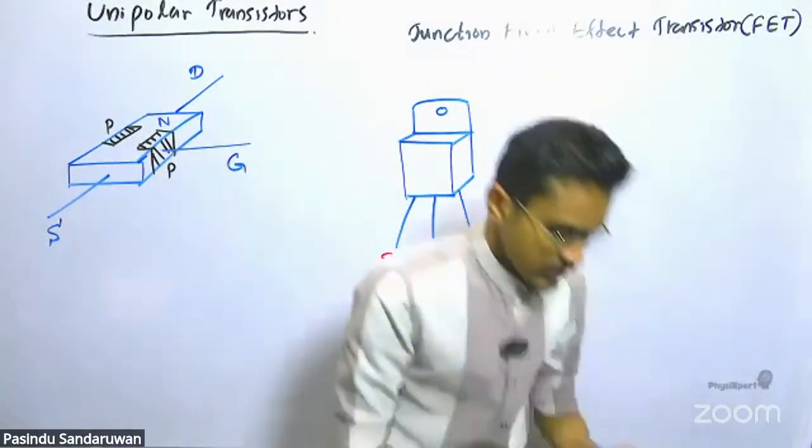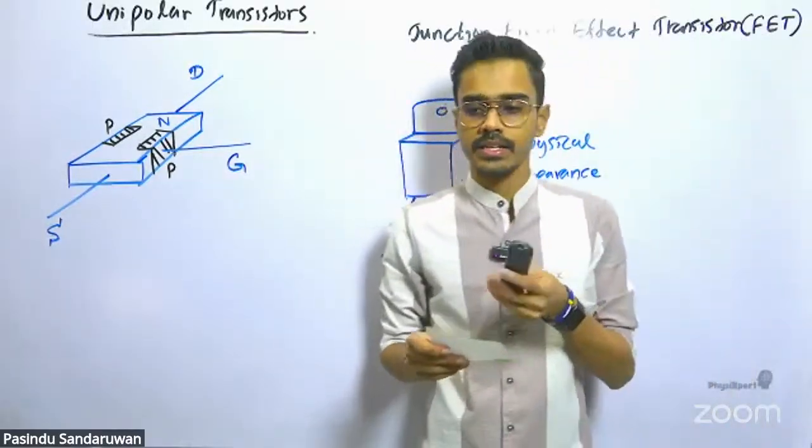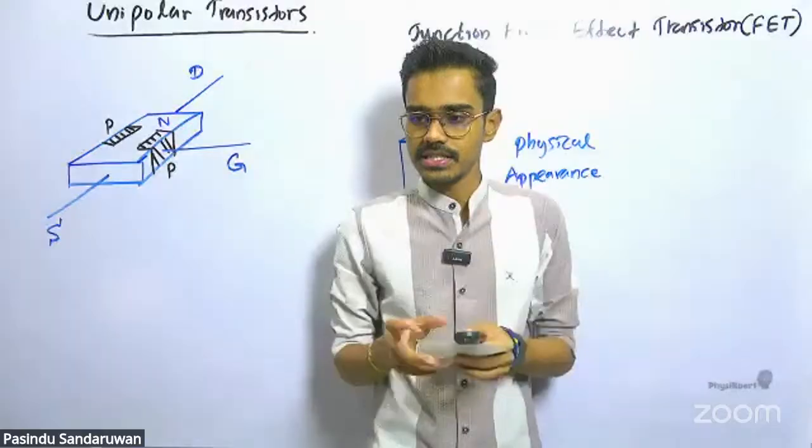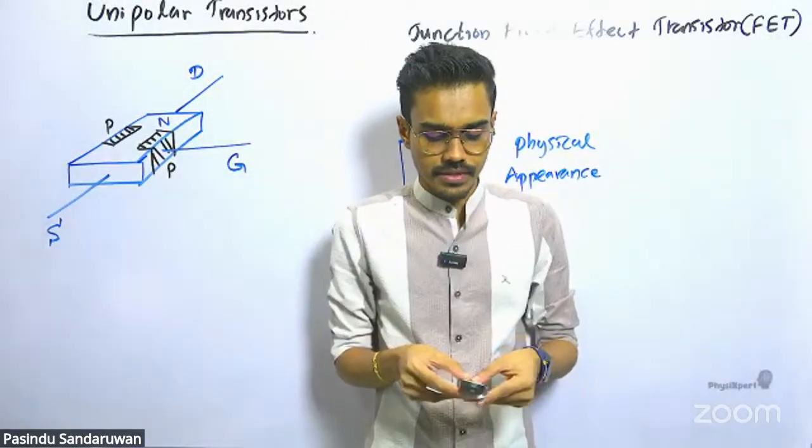See over here, it is like this. Now, if this is the N-type, this P-type is wrapped around this, like this.